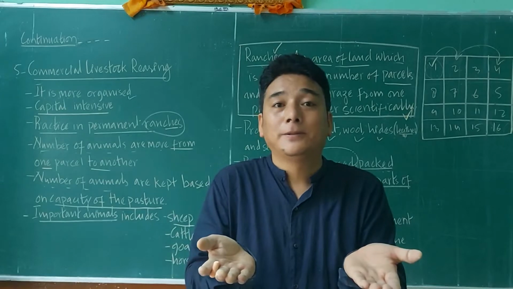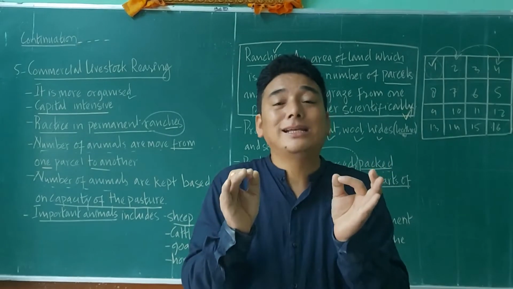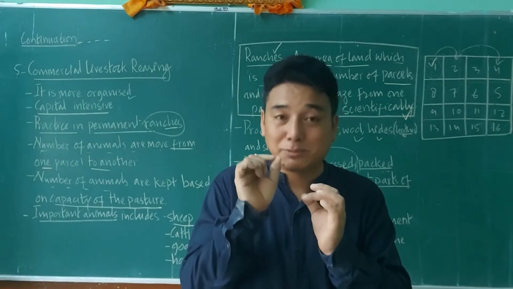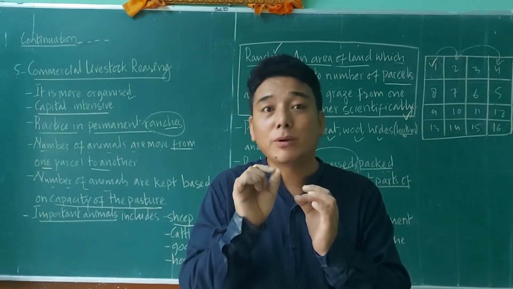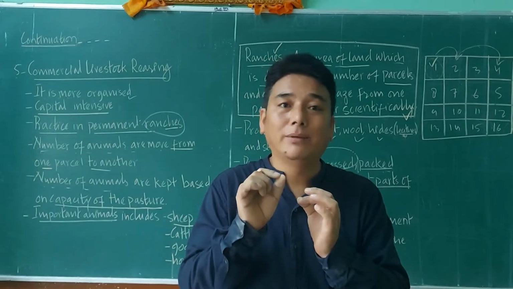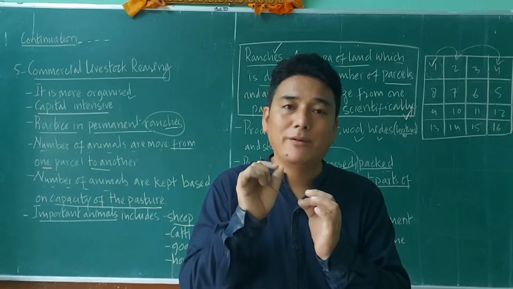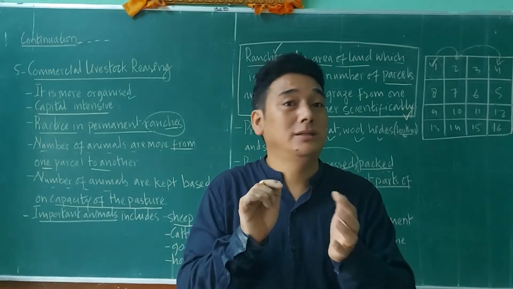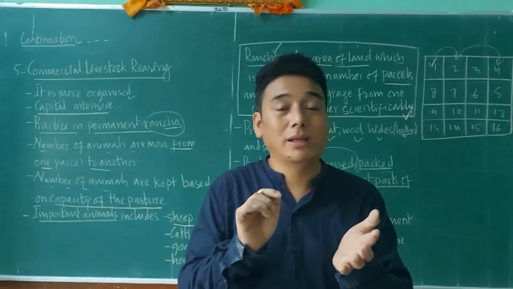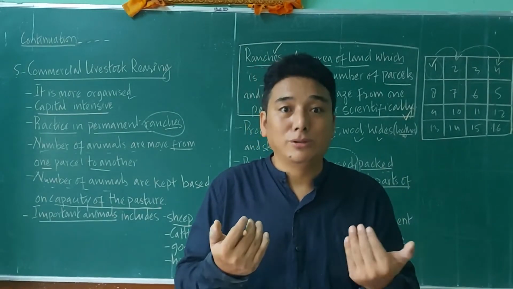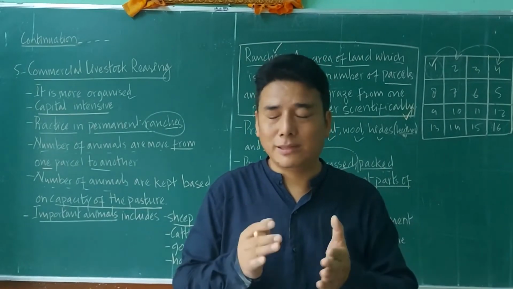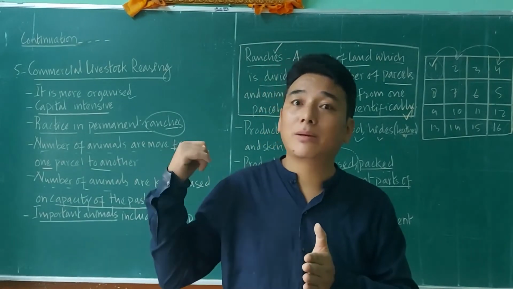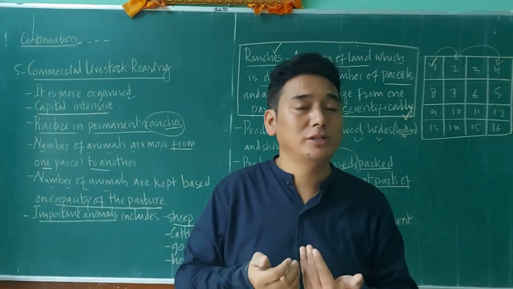The main difference is that the first one is for subsistence. Whatever products they get from the animals are consumed by themselves for family purposes, like what is happening in Tibet. Whatever products they get, they consume by themselves for subsistence. The commercial livestock raising is meant for commercial purposes.